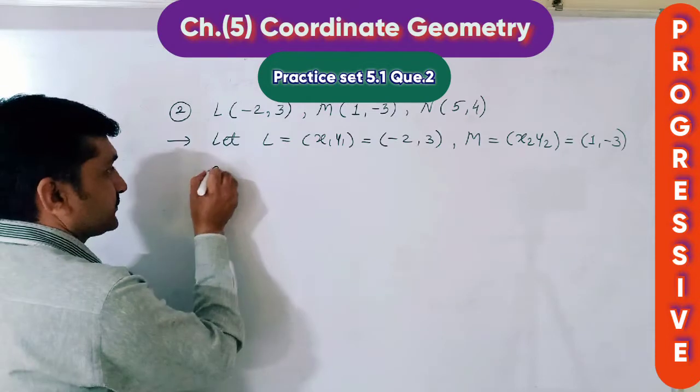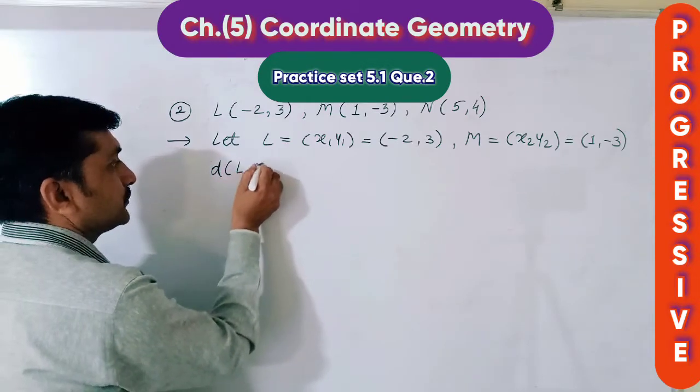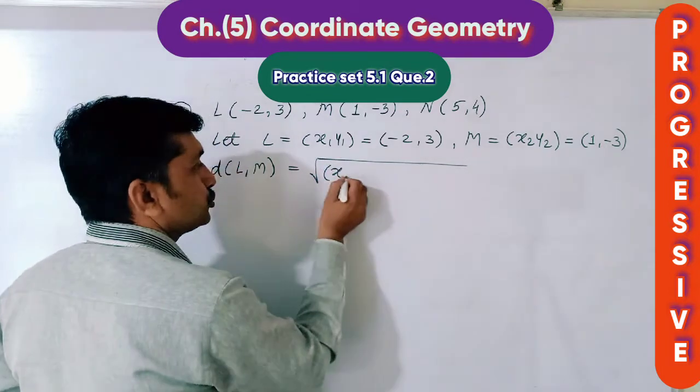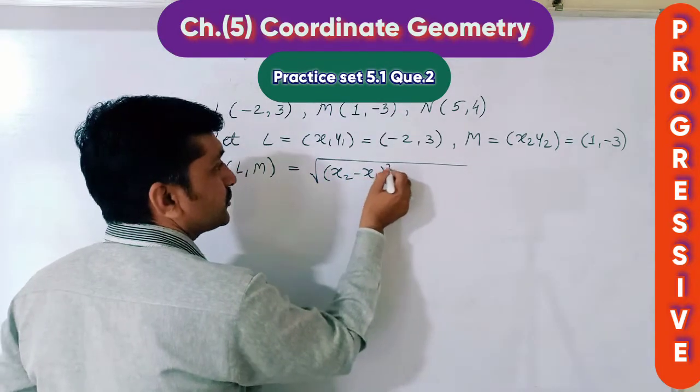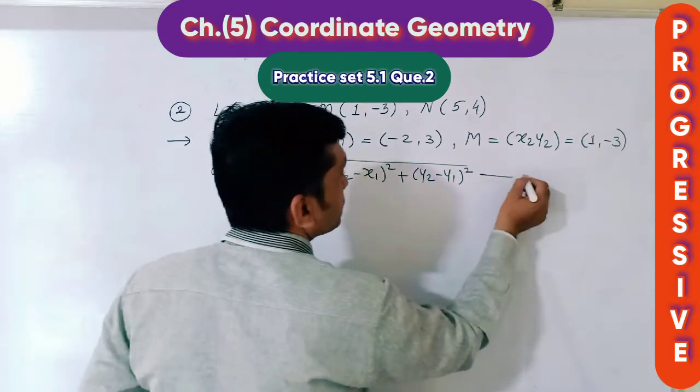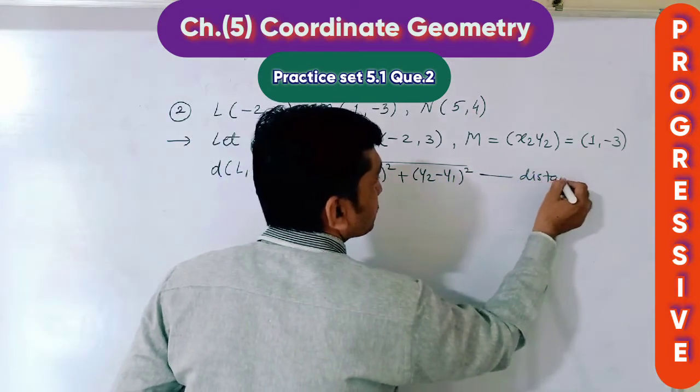Let's find this distance. Distance LM is equal to the formula square root of x2 minus x1 bracket square plus y2 minus y1 bracket square, the distance formula.